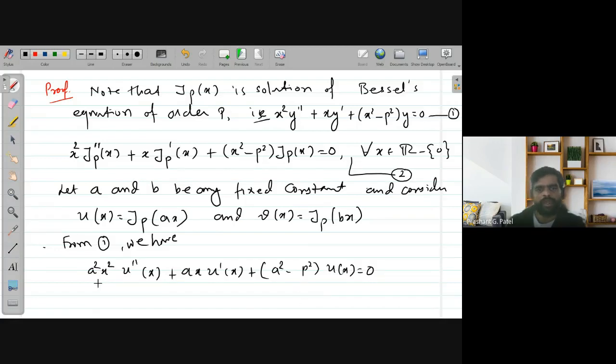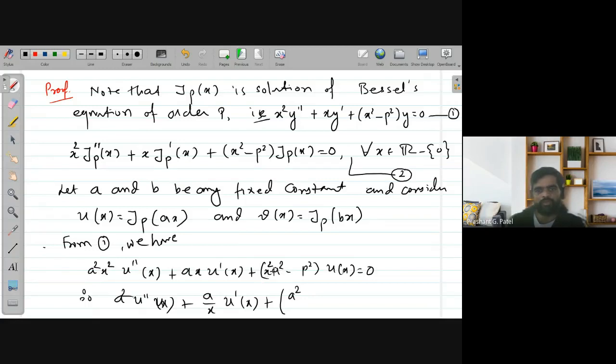Now if I divide both sides by x square, this will be a square u double dash of x plus a by x u dash of x plus (a square minus p square by x square) u of x equal to 0.